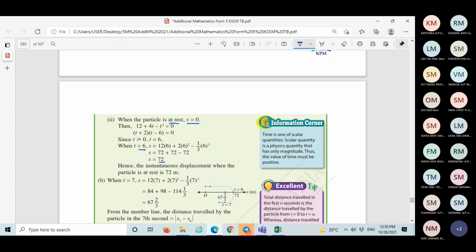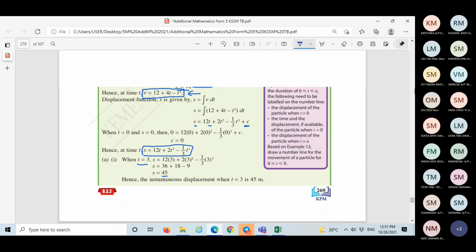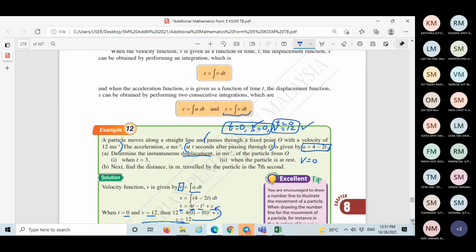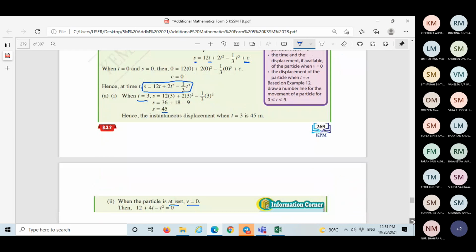Next, we still have part B. Find the distance traveled by the particle in the 7th second. I think I went through this one in a review before. There is a difference: if they ask for the distance traveled by the particle in the first 7 seconds, and in the 7th second, these are 2 different questions.